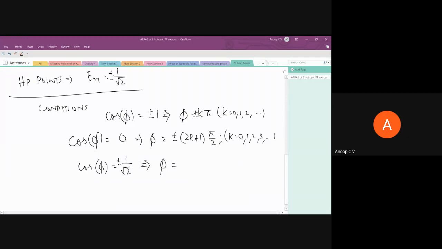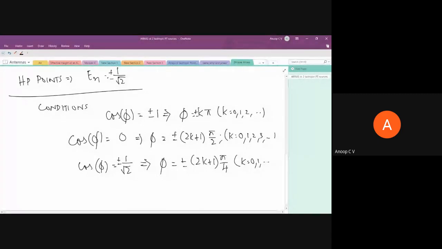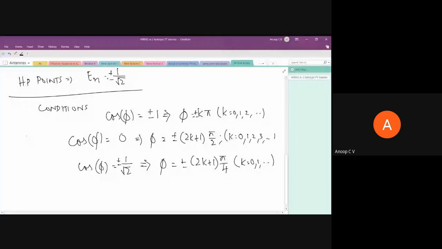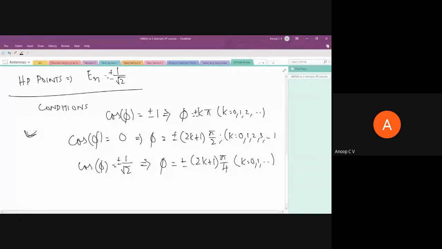No, it should be odd multiples of 45 degrees or odd multiples of pi by 4. So I can write it as plus or minus 2k plus 1 times pi by 4, again k is equal to 0, 1, etc. If you are okay with these things, then any problem that comes, you'll be able to solve it. But there can be some twist.